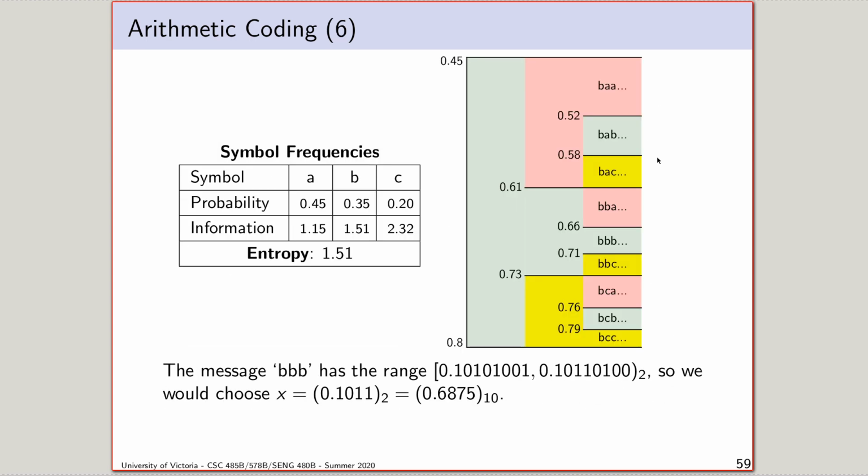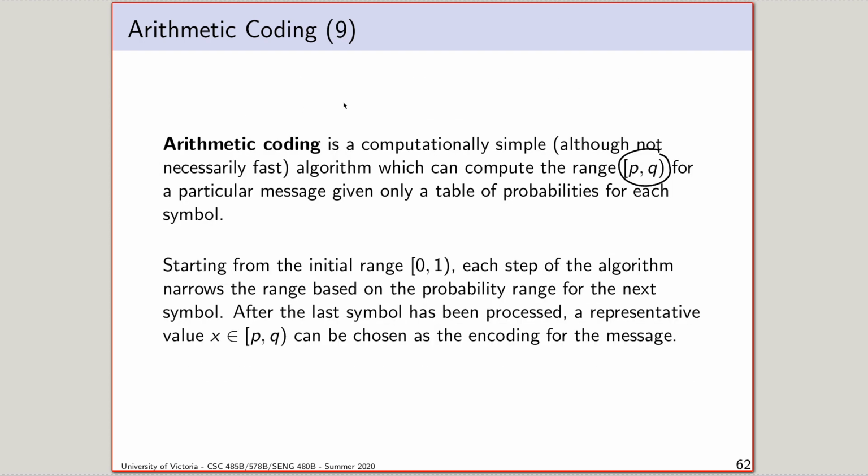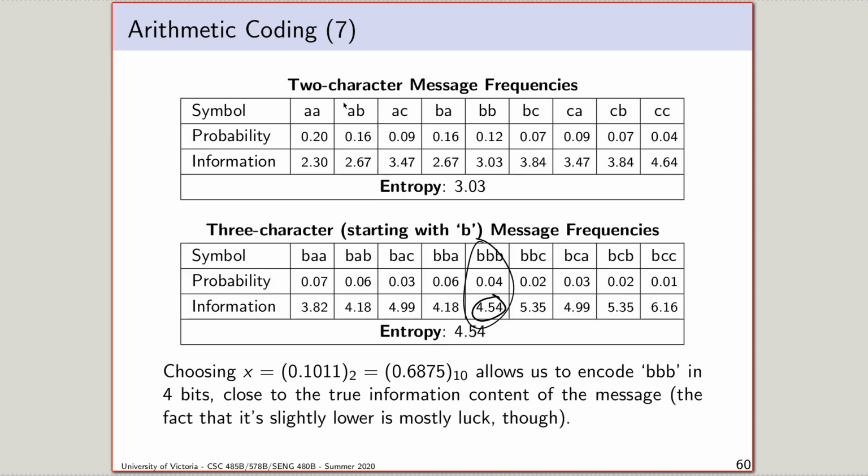So just to clarify, the probability range of the messages beginning with BBA is this window here, 0.61 to 0.66. Arithmetic coding takes this and gives me back that range. And then I can choose which representative to use from that range. And decoding just basically starts inside the range and works its way out.